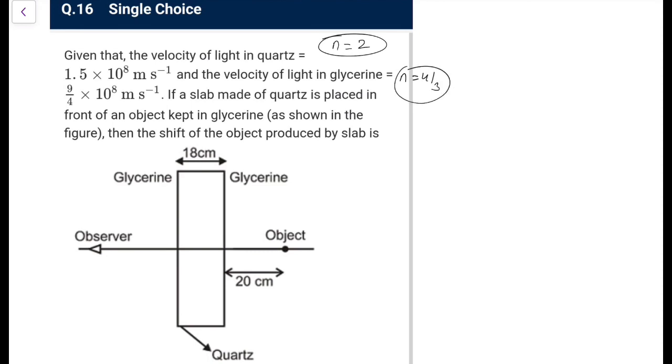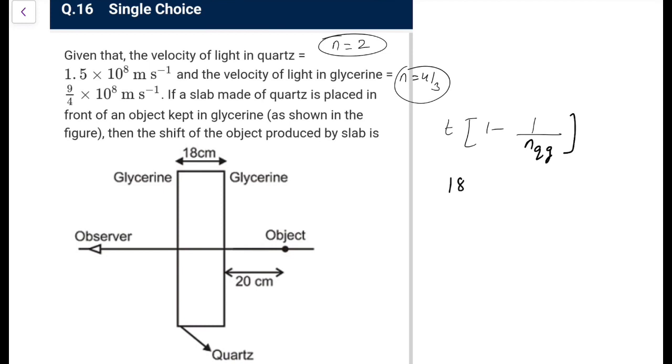If a slab made of quartz is placed in front of an object kept in glycerine, then the shift of the object produced by the slab will be, so you know shift is t times (1 minus mu relative). And what would be the mu relative? Mu relative basically is n of quartz with respect to glycerine, that you are going to write down.